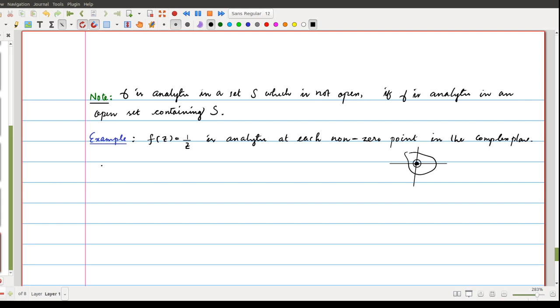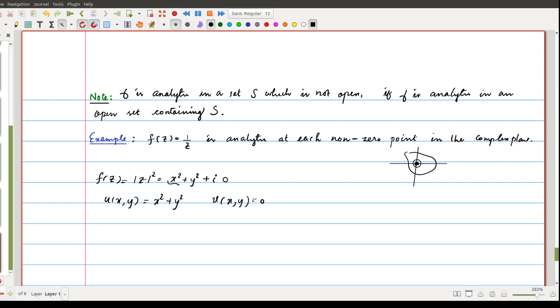But if we consider f of z equal to mod z squared, which is equal to x squared plus y squared, last day we saw that the CR equations are not satisfied except at x equal to 0 and y equal to 0. The CR equations here: u of x,y is equal to x squared plus y squared, and v of x,y is equal to 0, because this can be written as this plus i times 0.